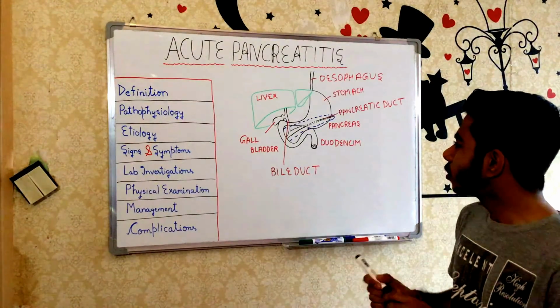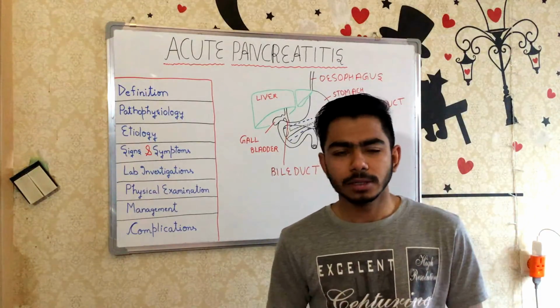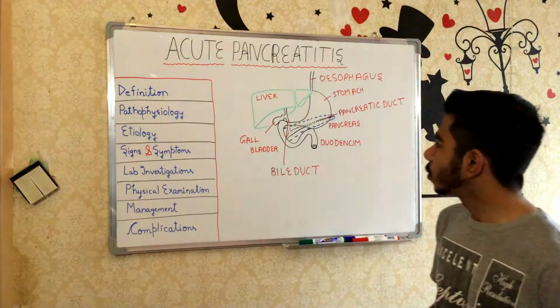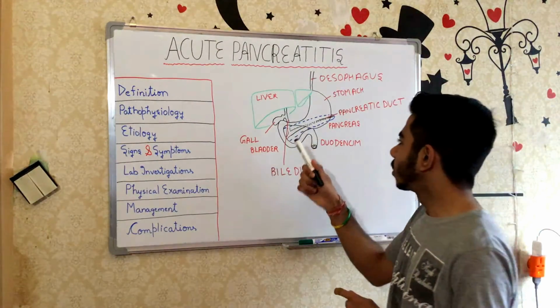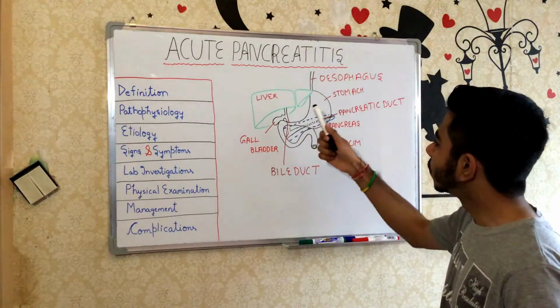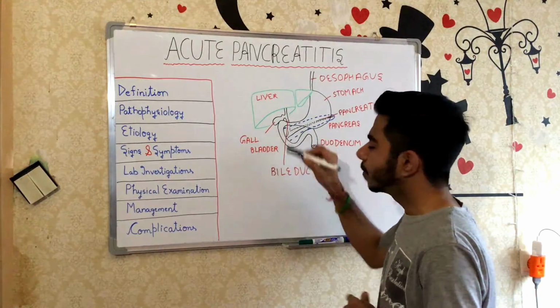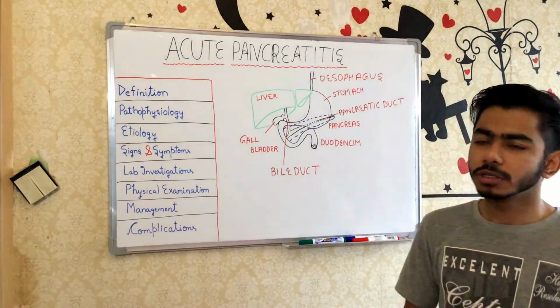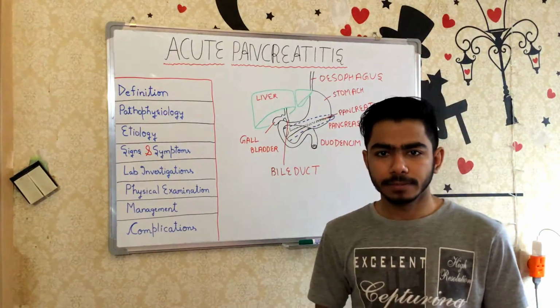Also, patients who had gallstones in their past could have acute pancreatitis, because a gallstone can come from the gallbladder or the common bile duct and can obstruct the pancreatic duct, which can cause inflammation of the pancreas and acute pancreatitis.